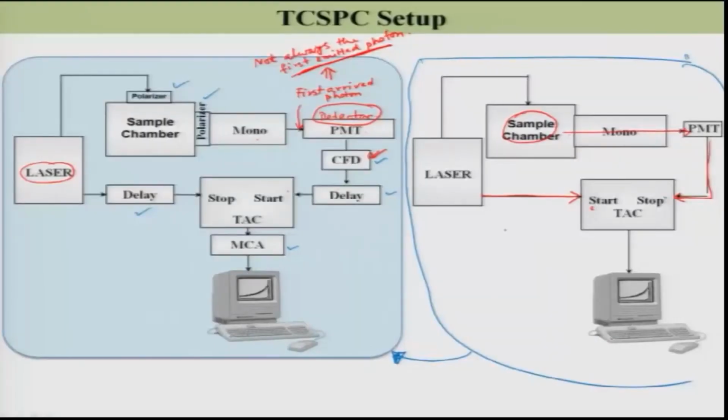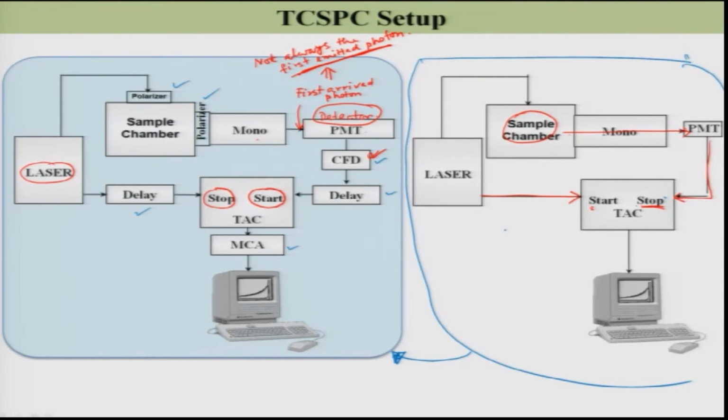And then it will be used as a stop here. But you notice that I have just changed the start and stop this way. I have written stop here and start here. So this is the correct one, and this is the wrong one.